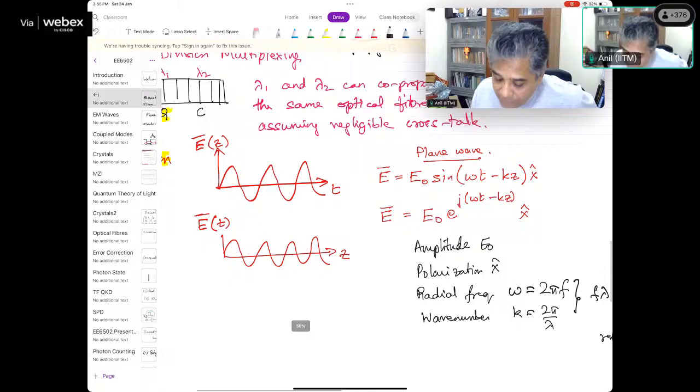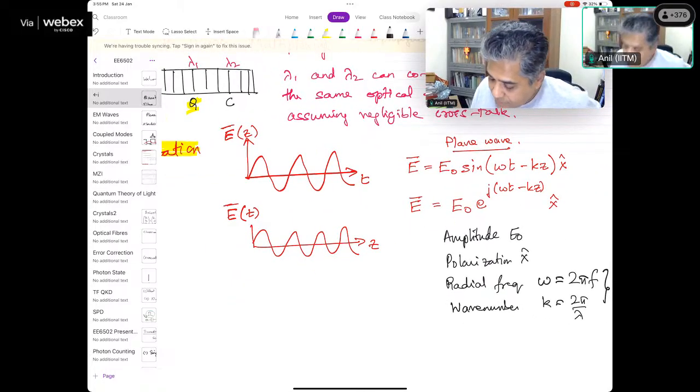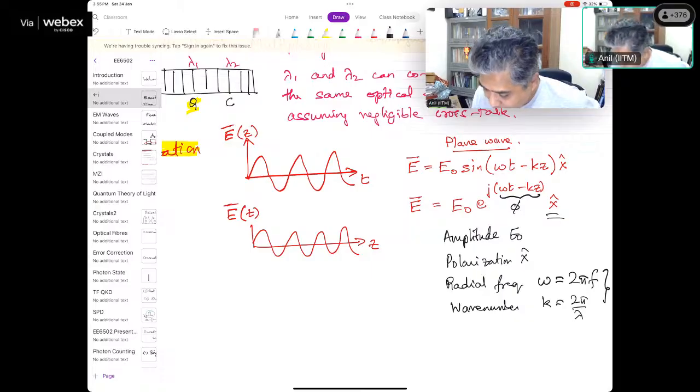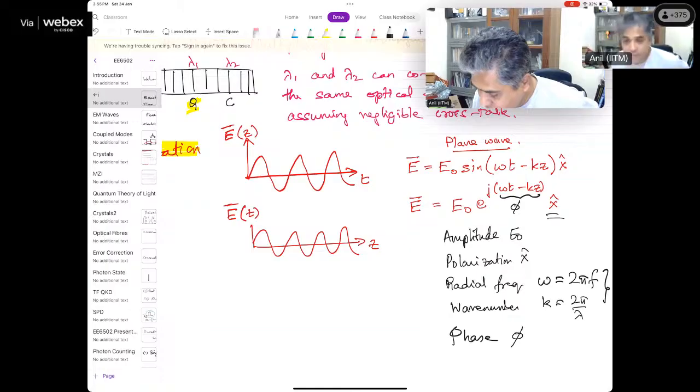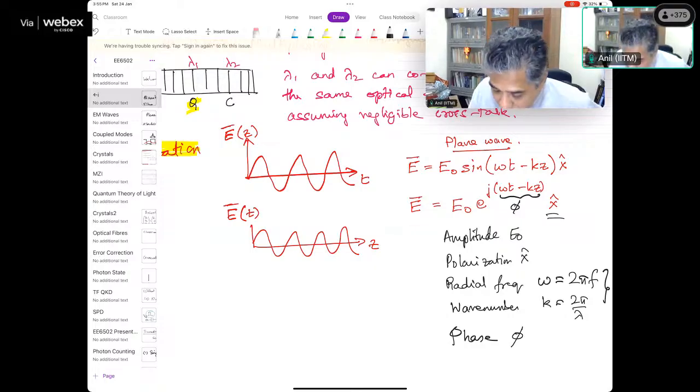And when I start doing quantum key distribution, polarization is one of them that I can work with. The other one that I can work with is this quantity out here, which is called phase. And just so you understand phase, this is phase equal to 0.